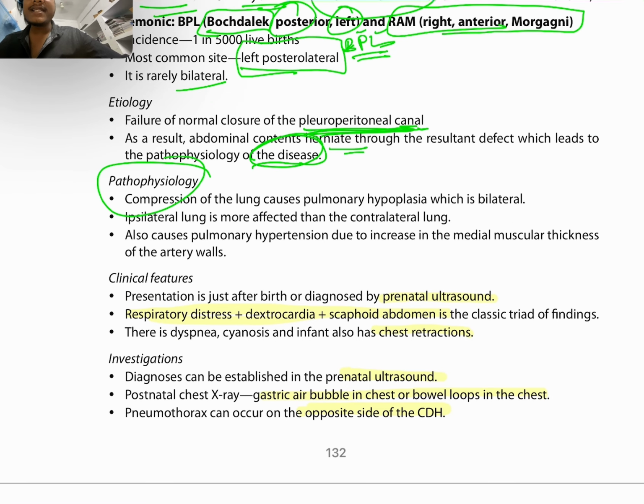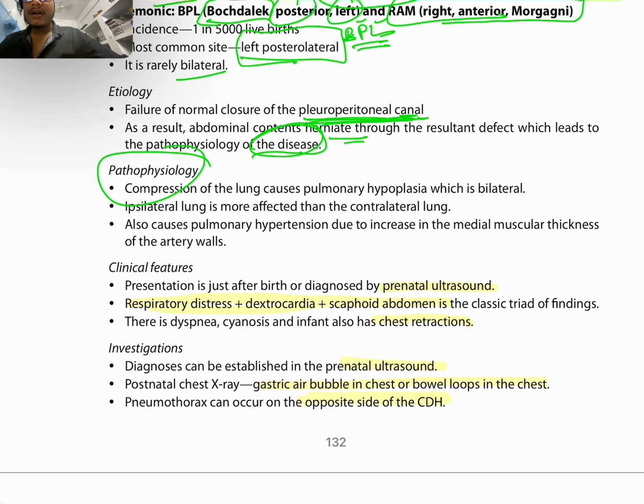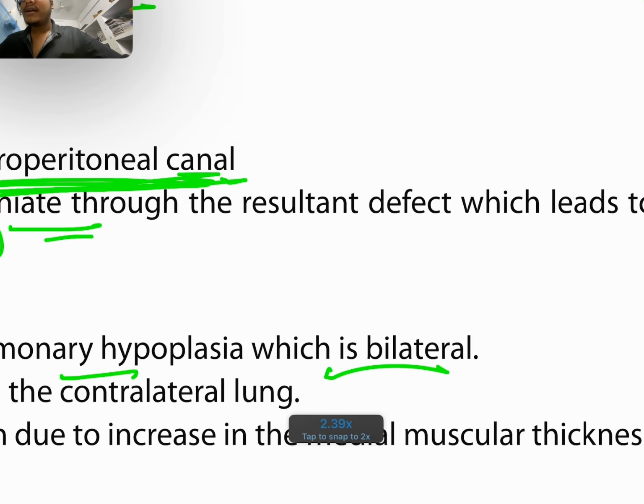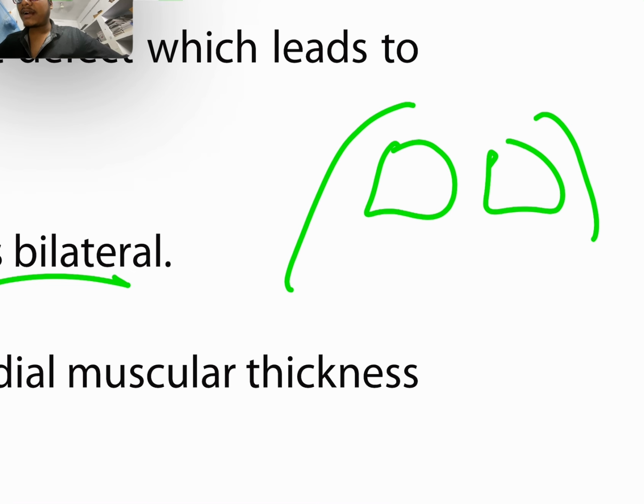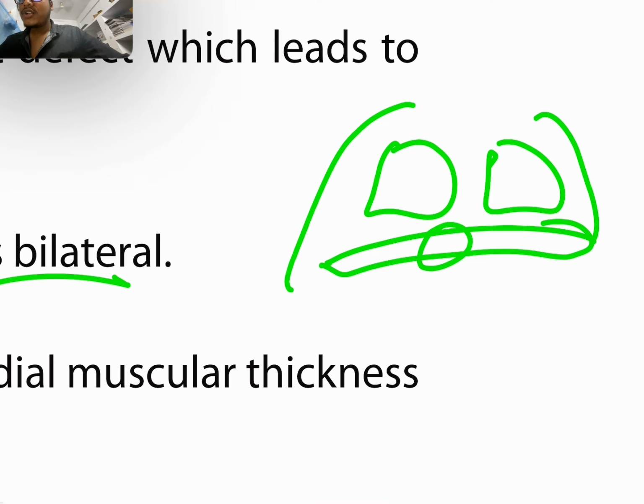So what is its pathophysiology, how does it occur? Listen, compression of the lungs causes pulmonary hypoplasia, which is bilateral. Simply, you can understand that if this is the diaphragm and these are the lungs, and there is herniation or a defective opening, what will happen?